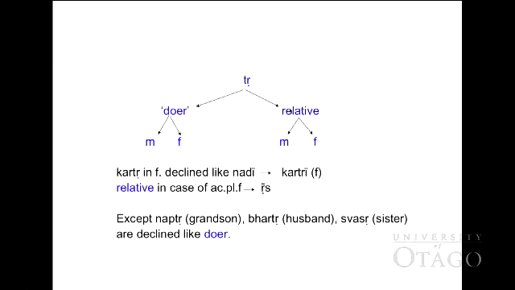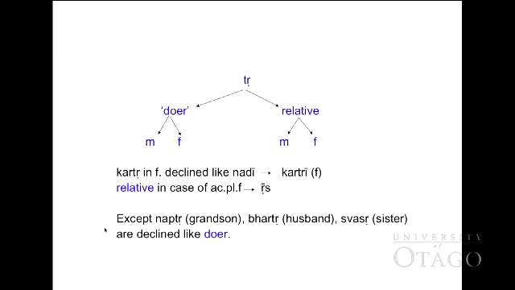For relative, in this group, the nouns are, for example, father, pitri, mother, matri, and brother, bhratri. But except for these three words, that is naptri, grandson, jamatri, son-in-law, and svasri, sister, are declined like doer in the left hand side, this one.